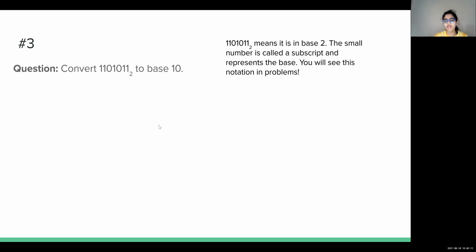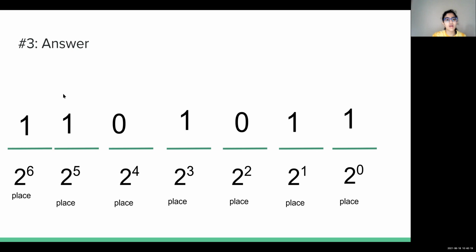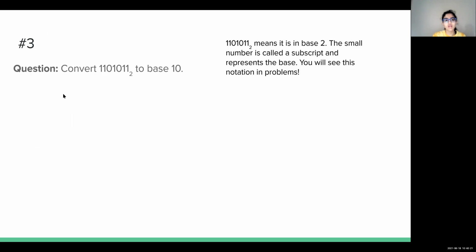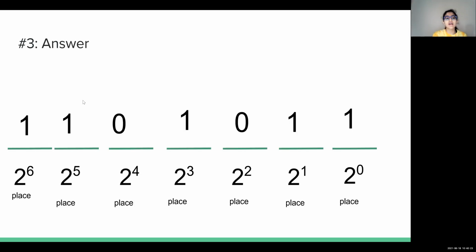Okay, so I've gotten 4 answers. So I think I should explain. So basically, 1101011, this is how you'd write it out in base 2.